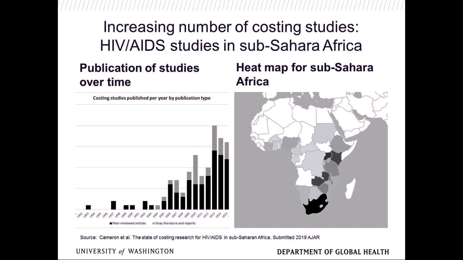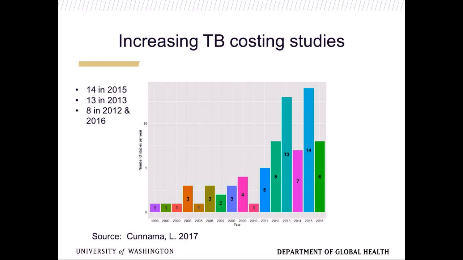On the left is publications over time, and this is for sub-Saharan Africa only: there were 157 studies from which we were able to extract high-quality data. And that's just for sub-Saharan Africa. So a lot of data is out there. Is it being used? Similarly, for TB costing, these are the studies we extracted and included in what you'll see at the end of the presentation today in our unit cost study repository. We did a systematic review, and this is the trend in the number of studies we found.